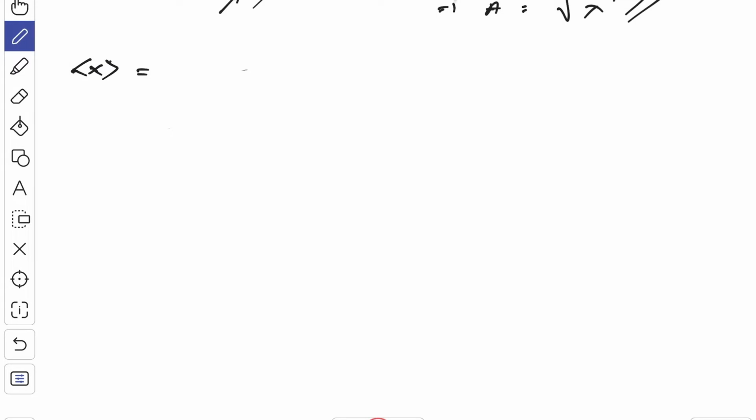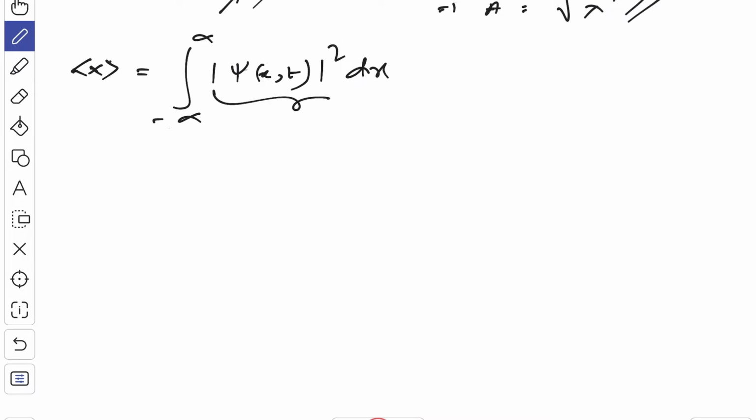If you remember, that's equal to the integral from minus infinity to plus infinity of x times the probability density, psi square dx. And this term I have already explained, that's going to be equal to a square e to the power minus 2 lambda mod x.